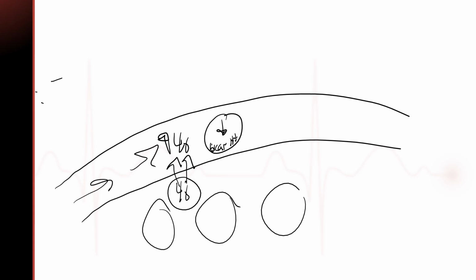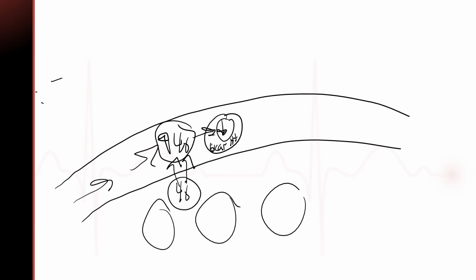So the partial pressure of carbon dioxide within the blood plasma will be greater than within the intracellular fluid of the red blood cell. So what's going to happen? Carbon dioxide is going to begin to move down its partial pressure gradient, from the blood plasma into the intracellular fluid of the red blood cell.